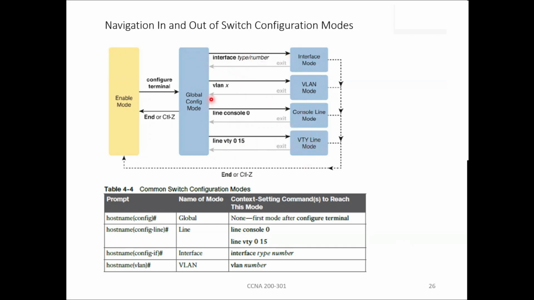So we can switch to different modes, and if you'd like to go back to the previous mode, we can say exit and go back. But if you type end from any of these modes, it will take us all the way back to enable mode.